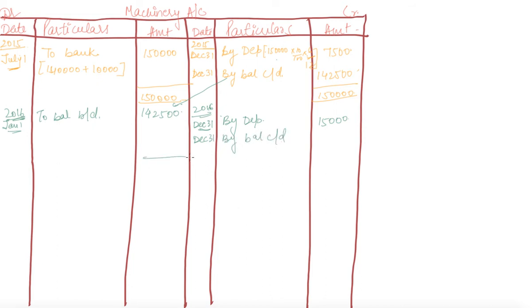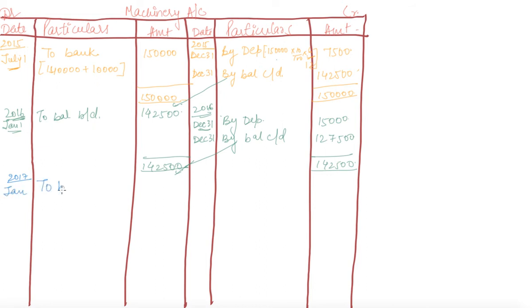For that we first total both sides and write down the maximum amount, which is 1,50,000 and 1,42,500, and the difference is rupees 1,27,500.